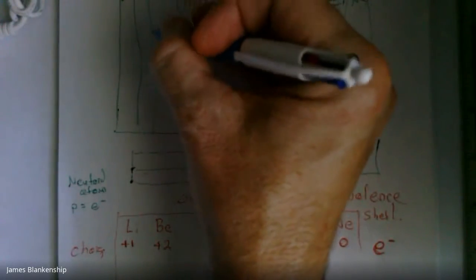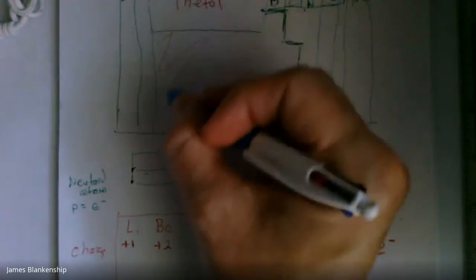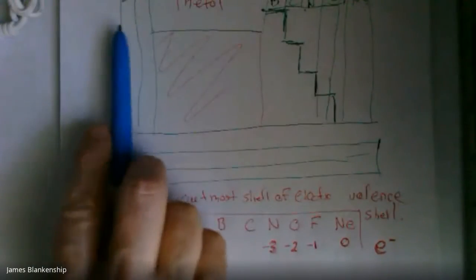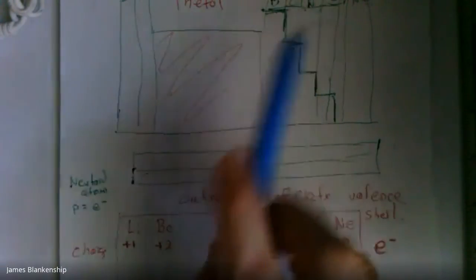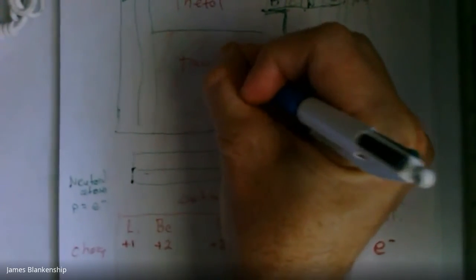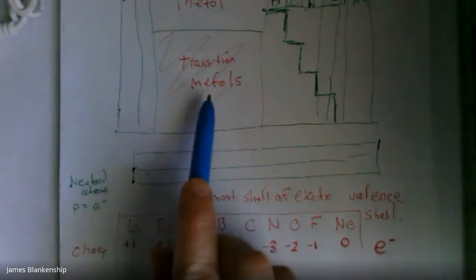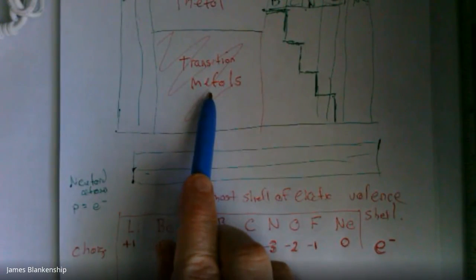Now, the section in here that we don't know, in between these two towers on this side and this side of the periodic table, these are called the transition metals. I wish there was an easy way to tell you what all these are, but the fact of the matter is there really isn't.